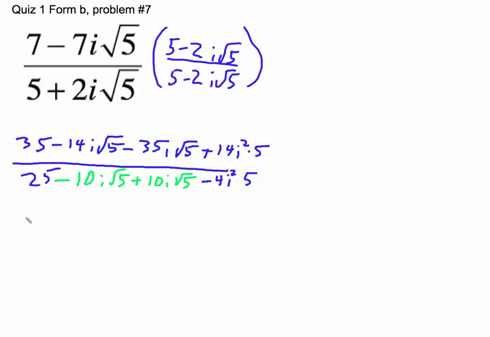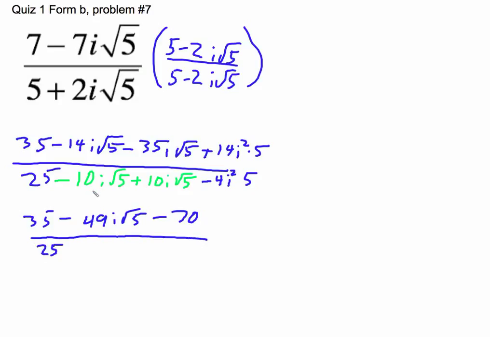Okay, so we will simplify a little bit. 35 minus 14 is minus 49i square root of 5. And then 14 times 5 is 70. And you have a negative in there because of the i squared, so it's minus 70, all over 25. These middle terms disappear.